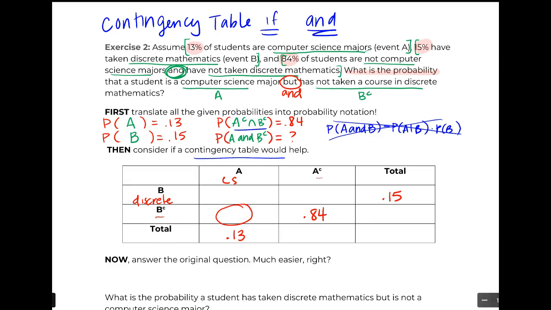All we need is one more piece, and that was what I was telling you about the fact that we always have a total of 1. Because of this, we can use the fact that all of our columns and rows sum. If 13% of people have taken computer science, that means 87% have not. And if 15% of students have taken discrete math, that means 85% have not.